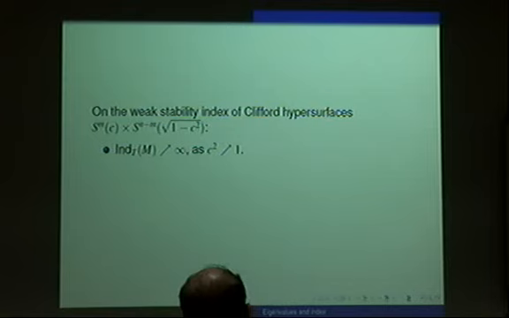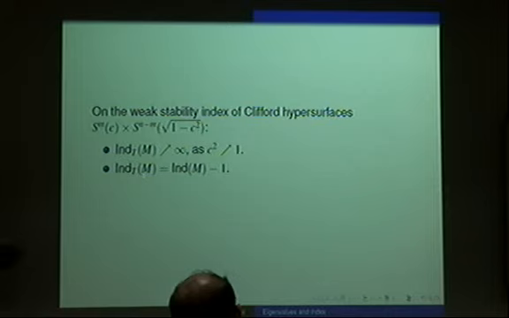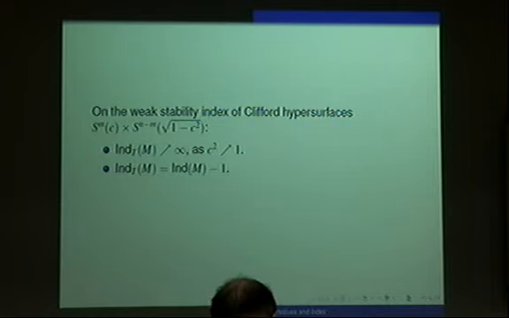This is the first fact. The second fact is that the index of the weak stability is equal to the index of the stability minus 1 for the Clifford hypersurfaces. So there exist these two facts about the Clifford hypersurfaces.